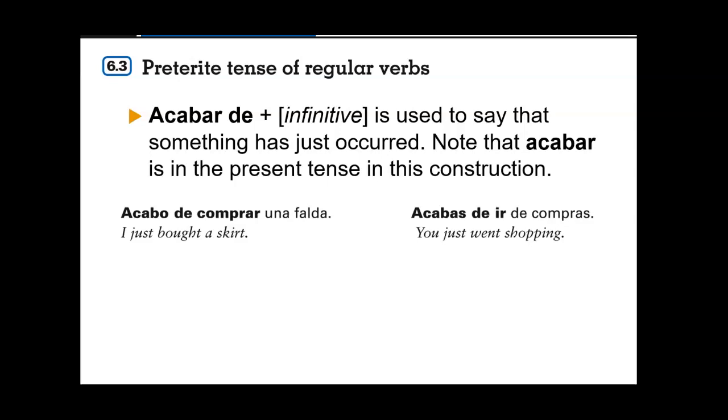Acabas de ir de compras. You just went shopping. Here's acabar, then de, and then your infinitive. That construction is always saying that something just occurred.